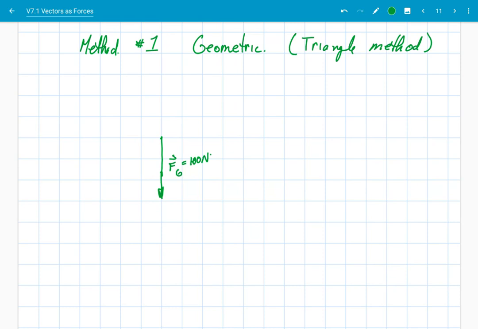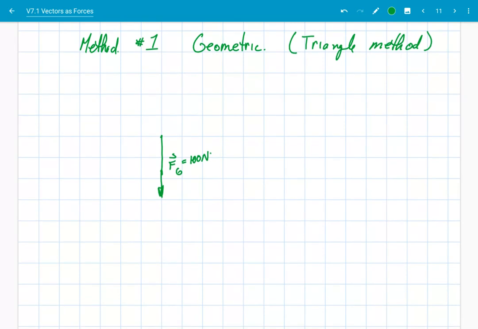And then we have one of the strings, going up this way, up to the left, and we'll call this vector T1, and this is vector T2. Now, I don't know that they want us to find the magnitude of T1 and T2. This triangle doesn't have enough information to solve.